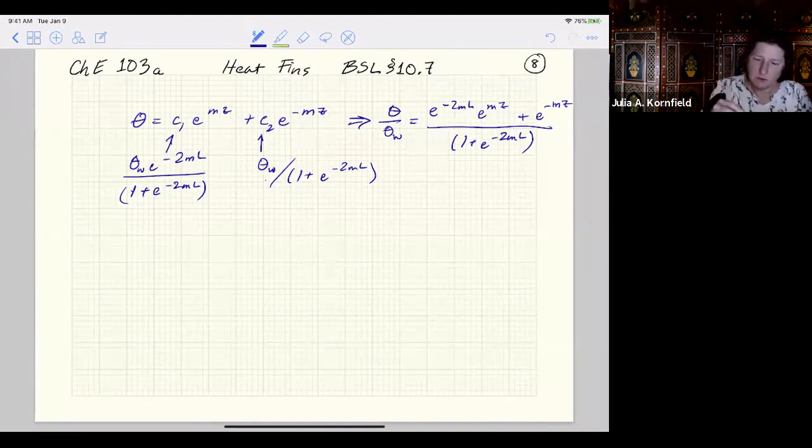So we're multiplying numerator and denominator by e to the plus ml. Okay. So we have e minus 2 ml. I got that wrong.